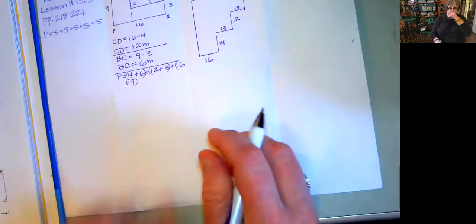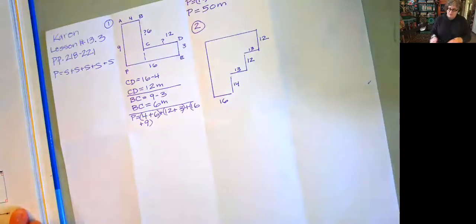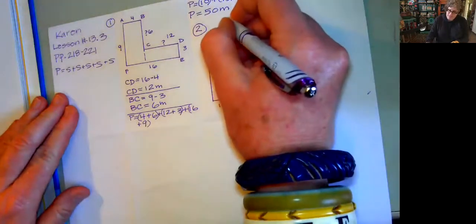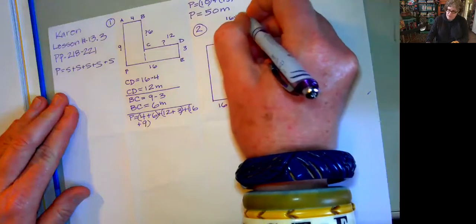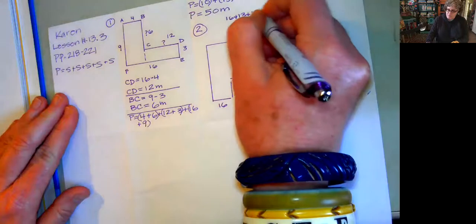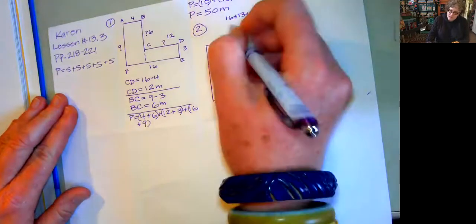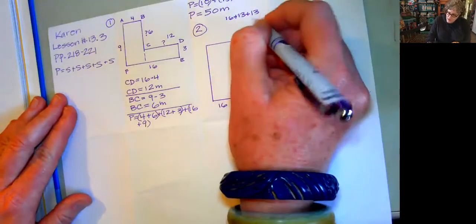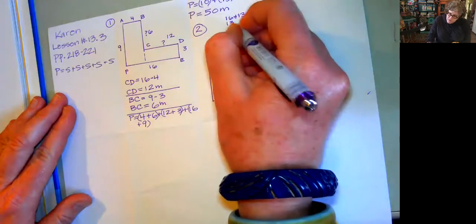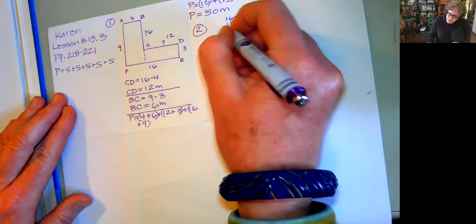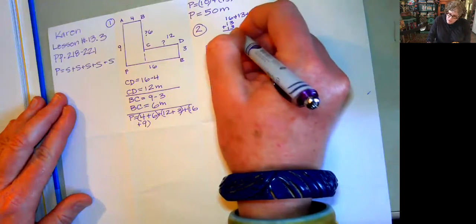Okay. Now, in order to get the totals, this measurement right here, they told us is 16 plus 13 plus 13. And so if I add those together, I'm going to stack them like this just really quick. So I have 12.